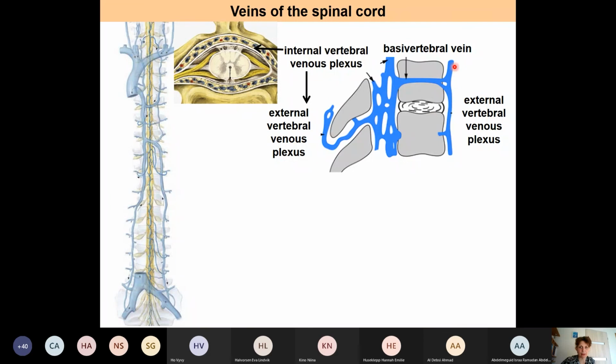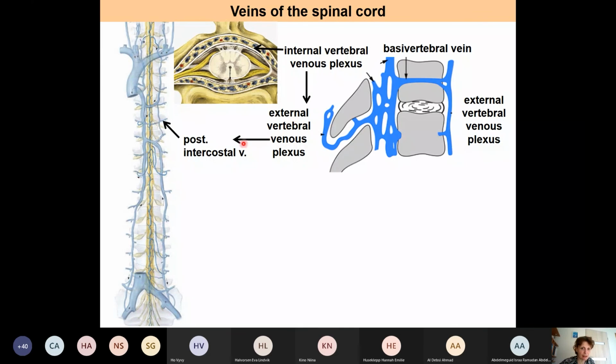It surrounds the vertebral column also on the anterior side. And I want to emphasize this vein, which pierces the vertebra. This is called the basivertebral vein. This is also a communication between the internal and external venous plexus. And you will see why it is important.